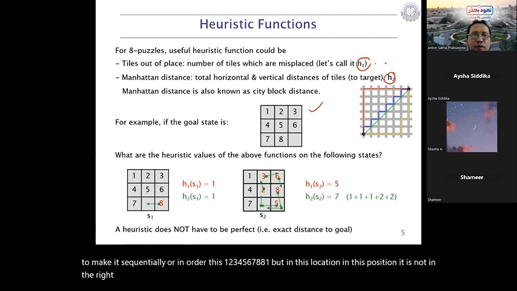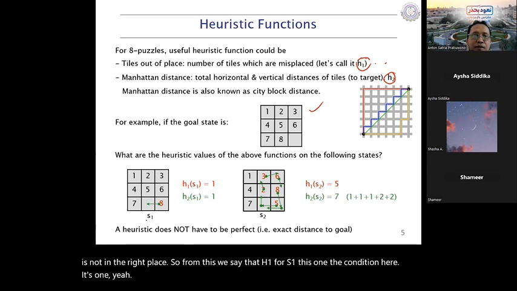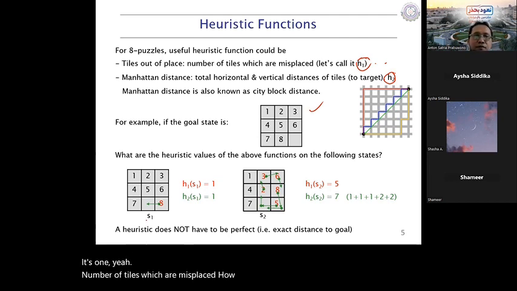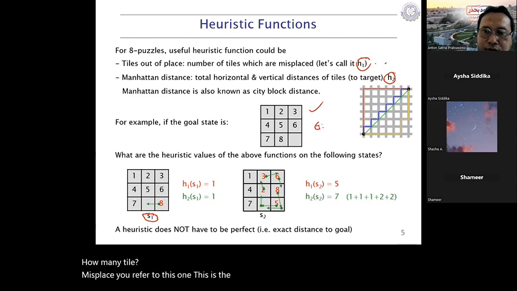So we say that H1 for S1 is the number of tiles which are misplaced. How many tiles are misplaced in this state?